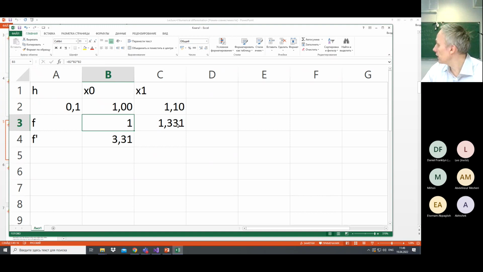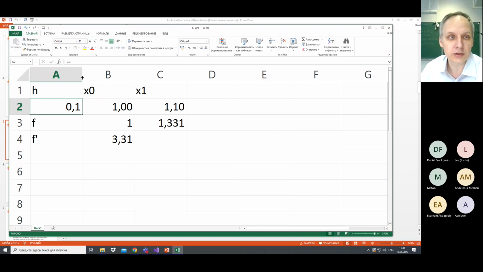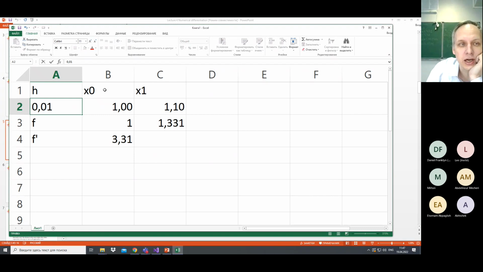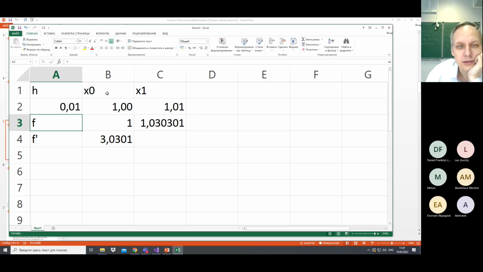The function values are 1 and 1.331. And this is the first derivative, 3.31. This table corresponds to our first case when h equals 0.1. But let's change the step.